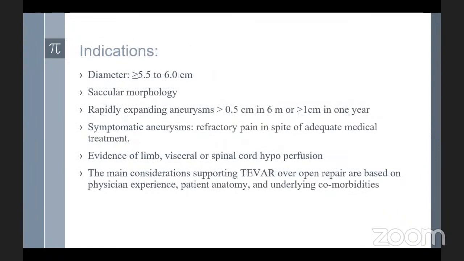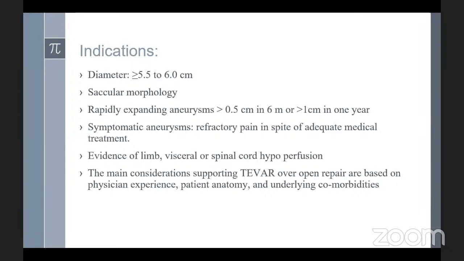So what are the indications for intervention of the aortic aneurysm in general? Diameter more than 5.5 to 6 centimeters is an indication for surgery because it has a high risk for rupture. Also, the saccular morphology. We have, of course, two types of morphology. You will know it later on in the lectures, but the saccular morphology is an indication for intervention.